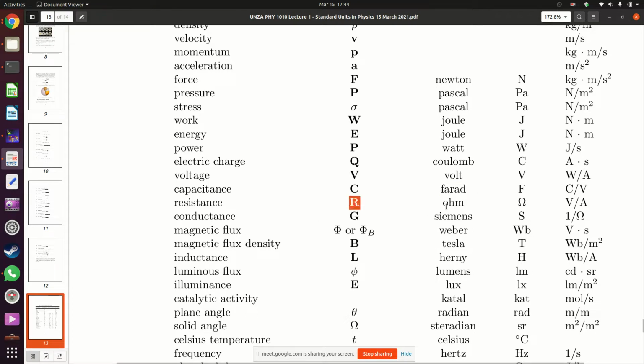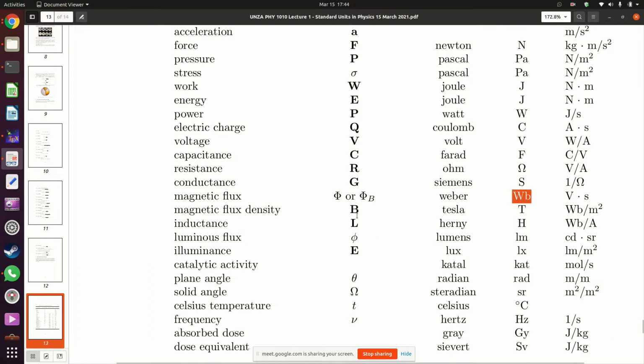Resistance, R. Ohm, that's the unit name, and the symbol is omega. Conductance is capital G. The unit for conductance is siemens. Then magnetic flux, phi. The unit name is weber, Wb.